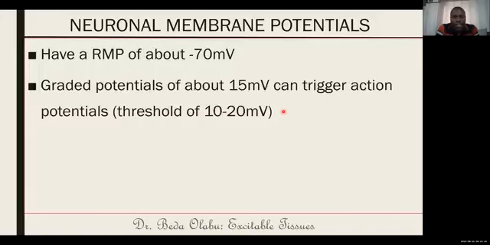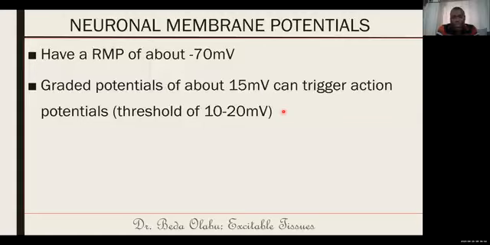If the resting membrane potential is at negative 70 and you have a graded potential that disturbs the membrane by about 20 millivolts, so making the membrane potential move from negative 70 millivolts to negative 90 millivolts, you've moved with a difference of 20 millivolts. That particular graded potential will not generate an action potential. My question to you is why?